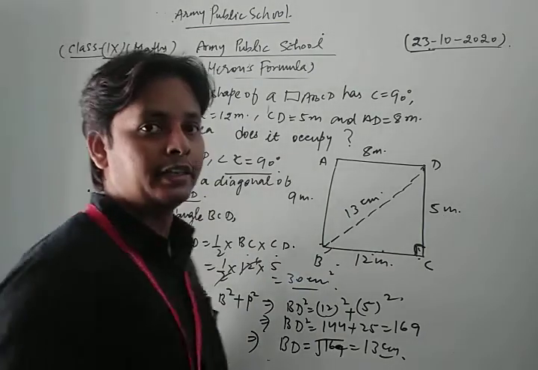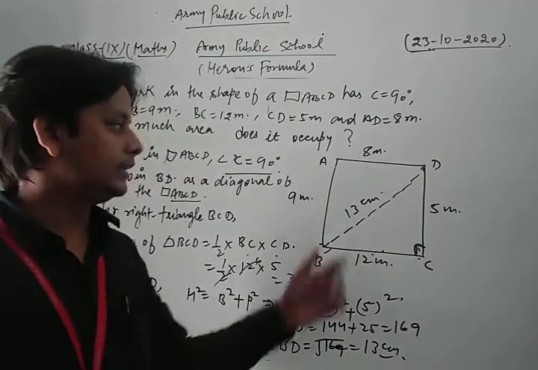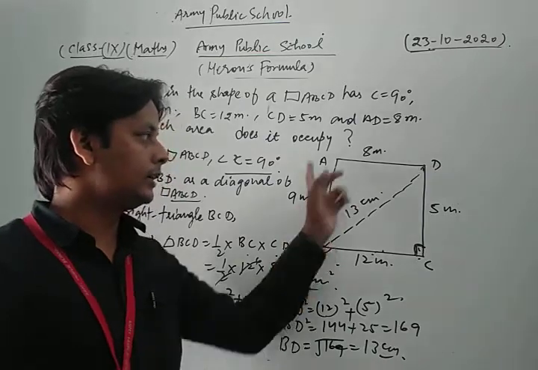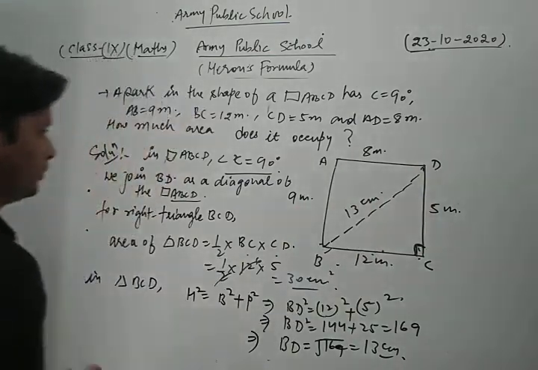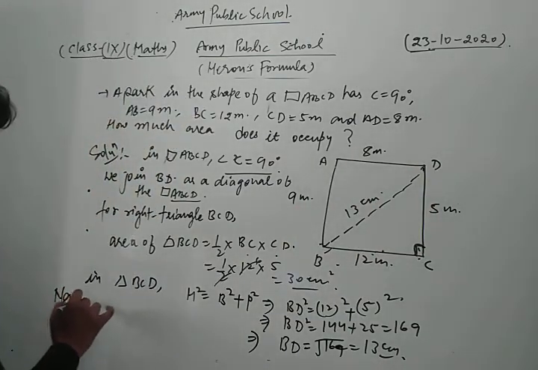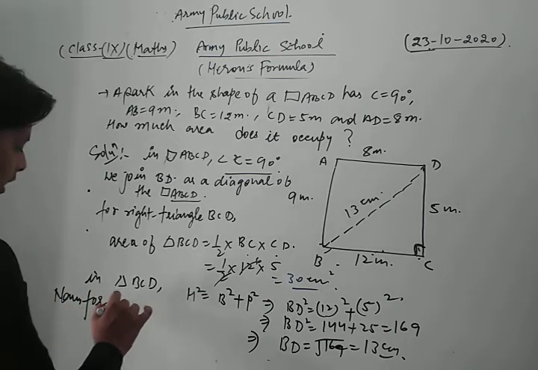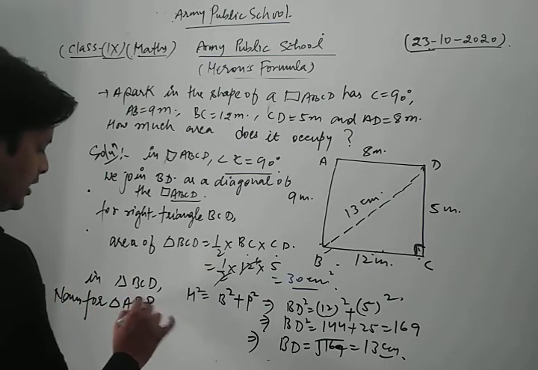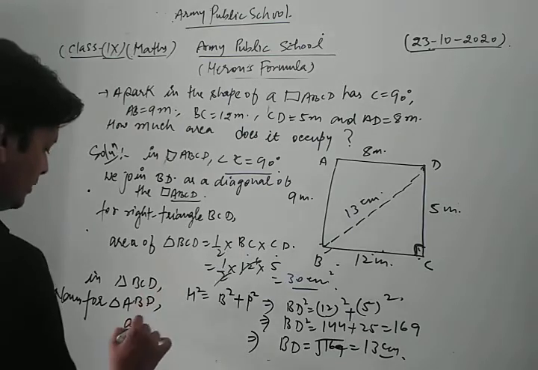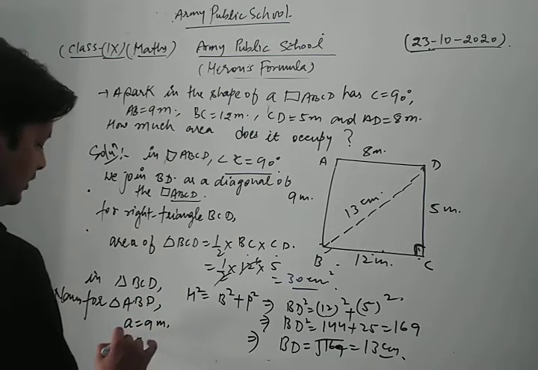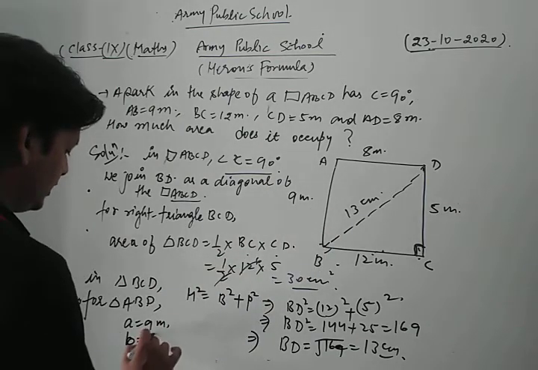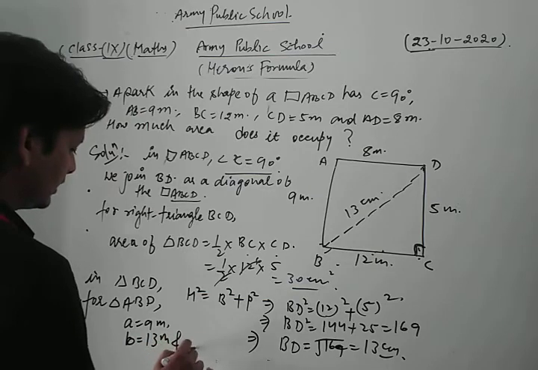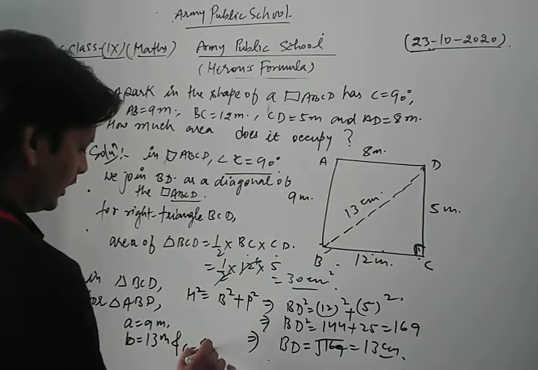Now, dear students, in this way we get the third side of triangle ABD. So for triangle ABD, take the first side a as 9 meter, the second side b as 13 meter, and the third side c as 8 meter.